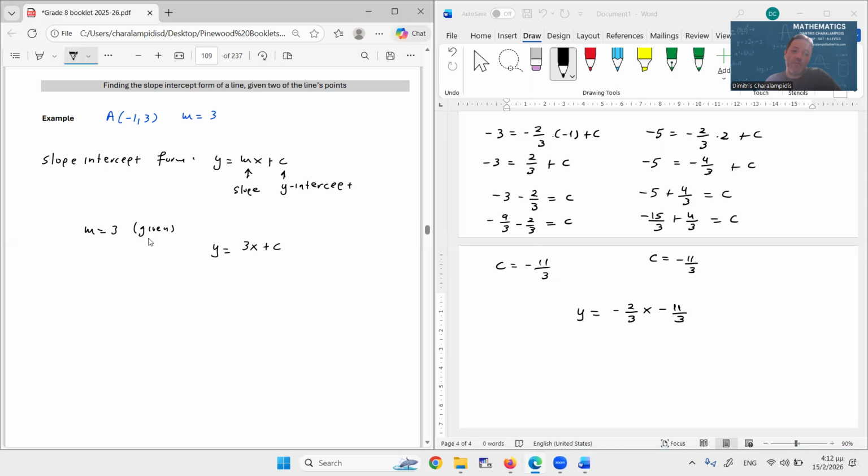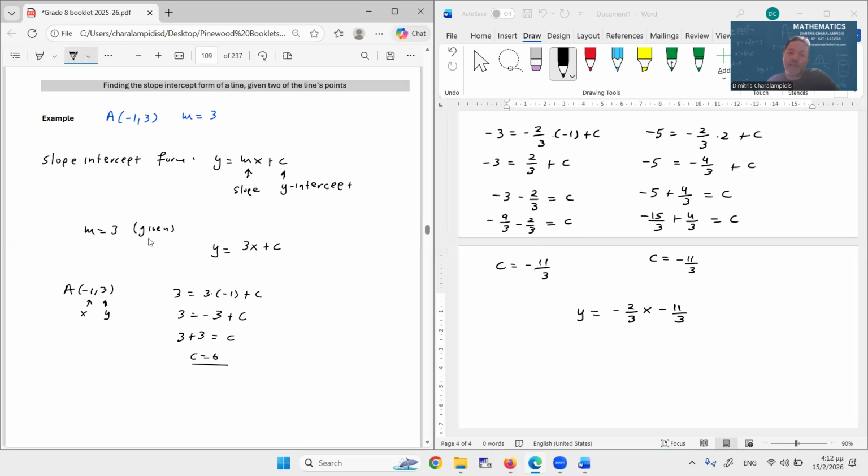Here, the point was negative 1, 3. This is x, this is y. So 3 is 3 times negative 1 plus c. 3 is negative 3 plus c. 3 plus 3 is c. So c is 6.